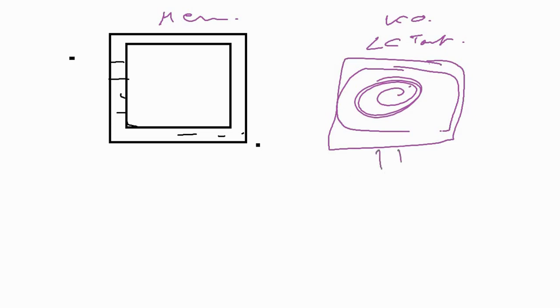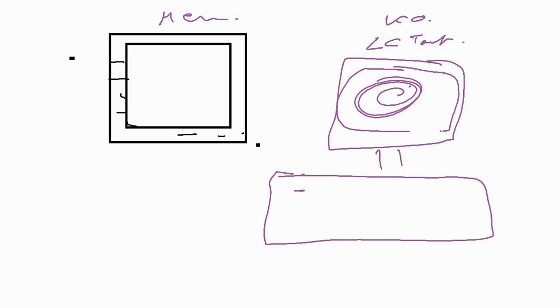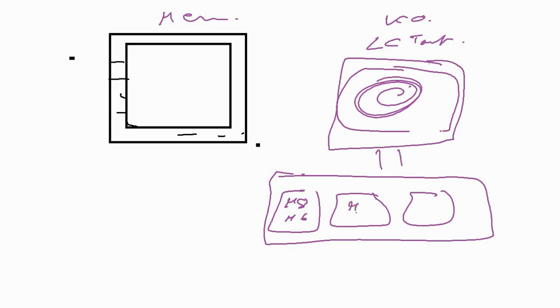Below that you will be arranging your capacitors here. Generally your capacitors are somewhere in metals 8 to 6. Assume that all of these capacitors are metal 8 to metal 6.